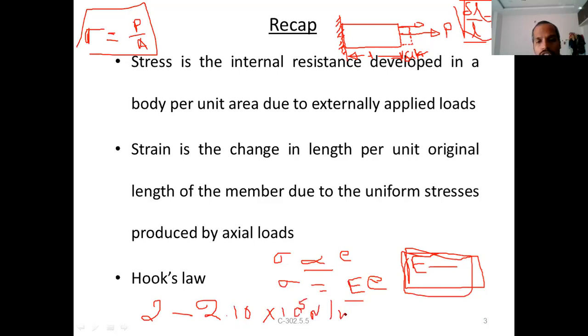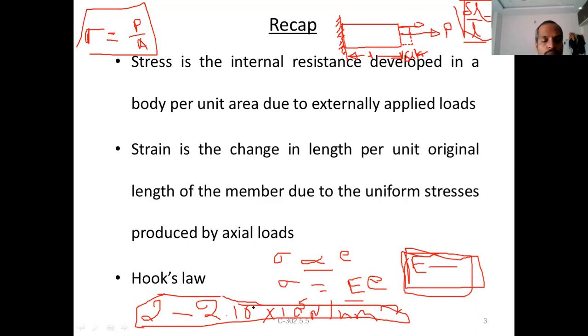That's the normal range for mild steel. Most steels have around the same range. In some places it is assumed as 2, at some places 2.10.